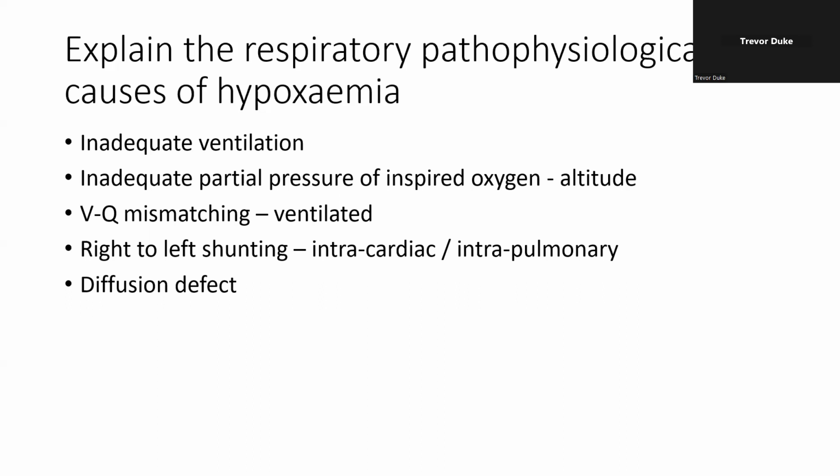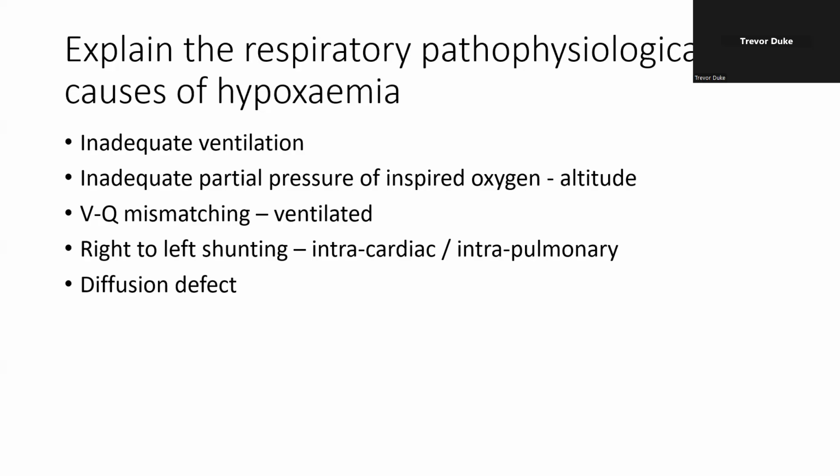And so ventilation perfusion mismatching is very common. The most common example of that is in pneumonia, where you've got alveoli that are just full of inflammatory cells. And even though the lung is being well perfused, there's a mismatch between ventilation and perfusion.